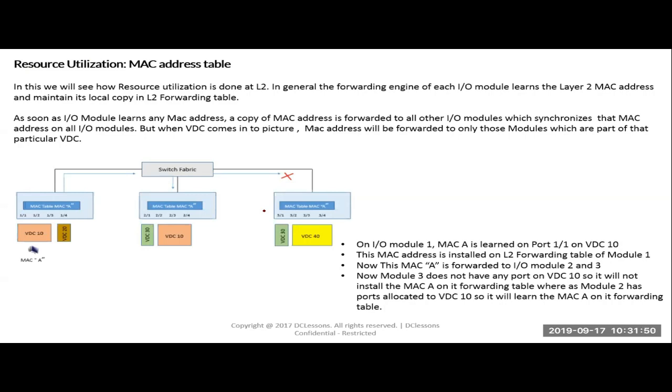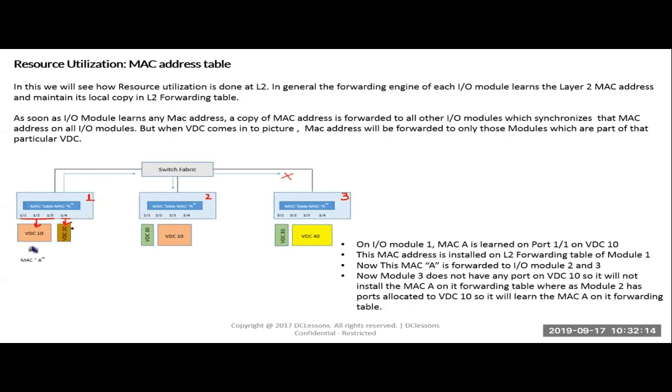Now once you configure a VDC, this behavior changes. Let's suppose this is your module 1, this is your module 2, and this is your module 3. On module 1 you allocated 1/1, 1/2, 1/3 to VDC 10 and 1/4 to VDC 20.